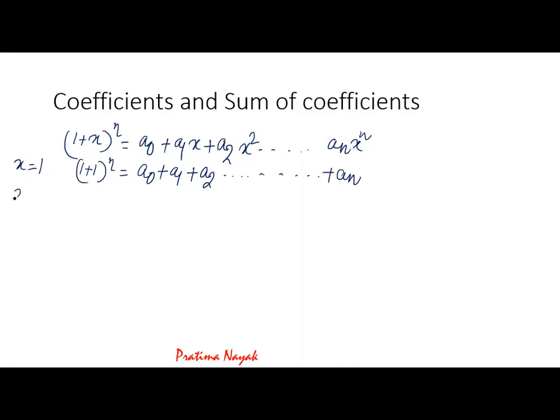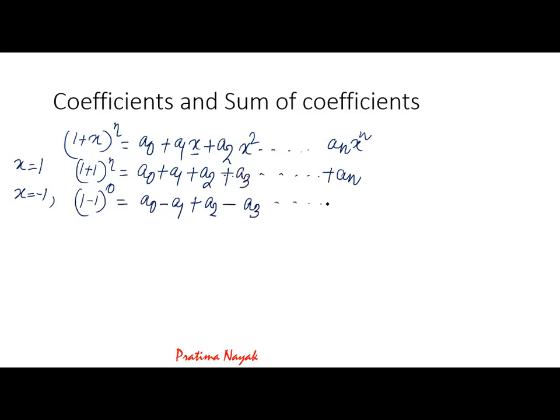Now if I put x equal to minus 1, what will happen? It will be (1 minus 1) to the power n, which is 0, equal to a0, but when I put x equal to minus 1, this will become negative nC1, positive nC2, negative nC3, and so on.